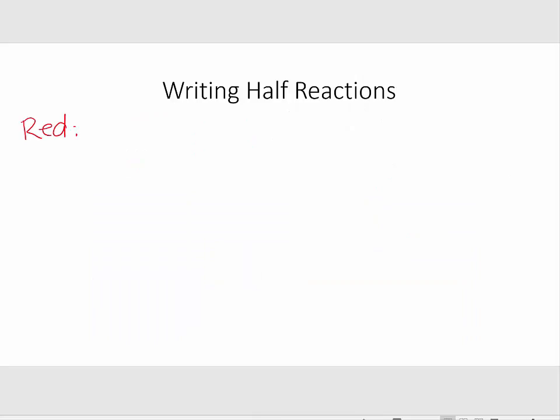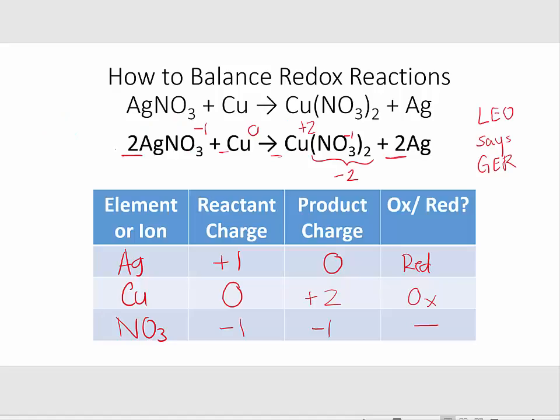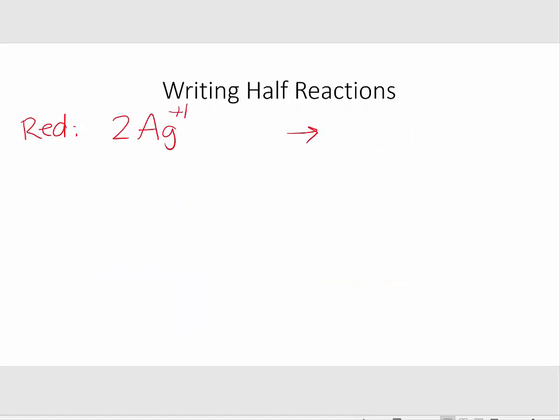So I'll write 2 silver with a +1 charge. That's on my left-hand side, and then on my right-hand side, I'll leave some space. On my right-hand side, what happened to silver? Silver had a coefficient of 2, but its charge was 0. So on the right-hand side, I'll write 2 silver. And you can even write this 0 in here if you want to. It's not required, it's kind of implied, but we can write that in if you want.